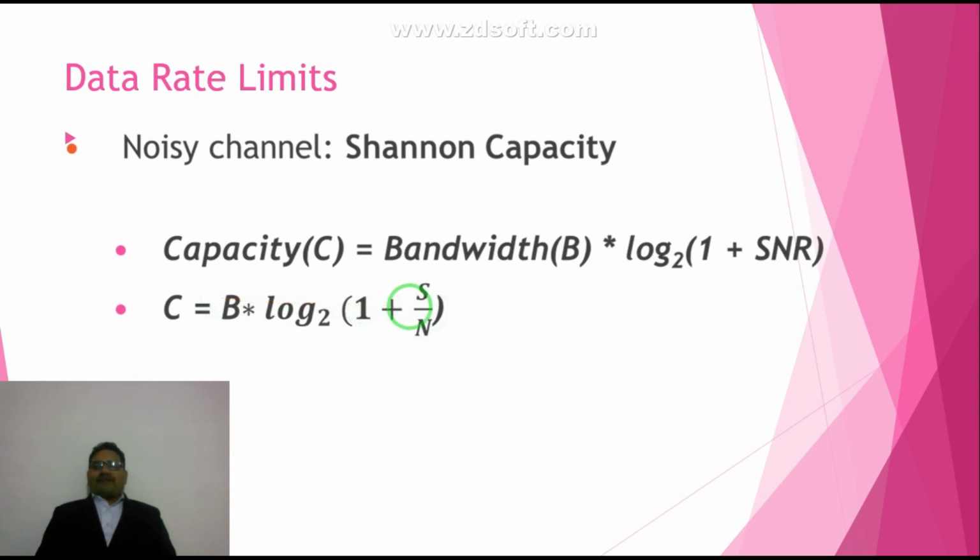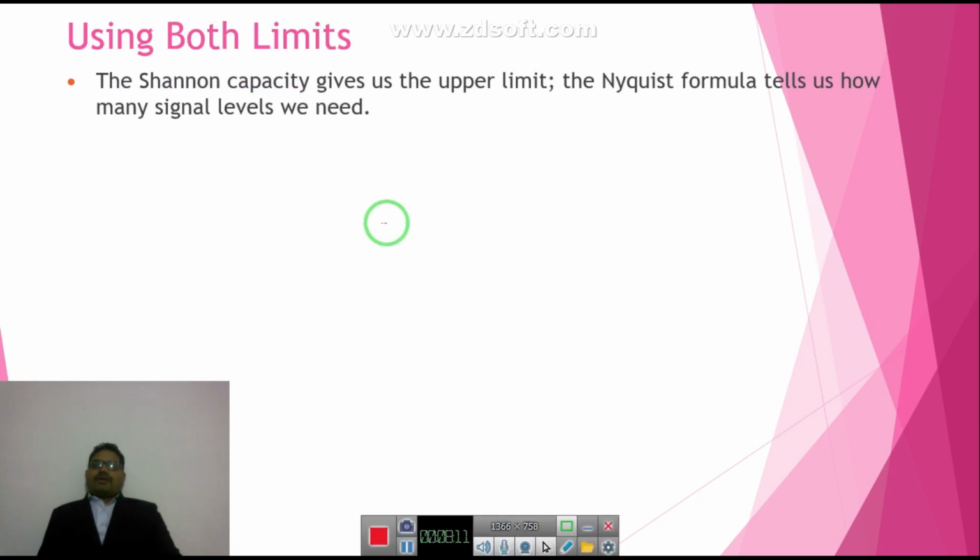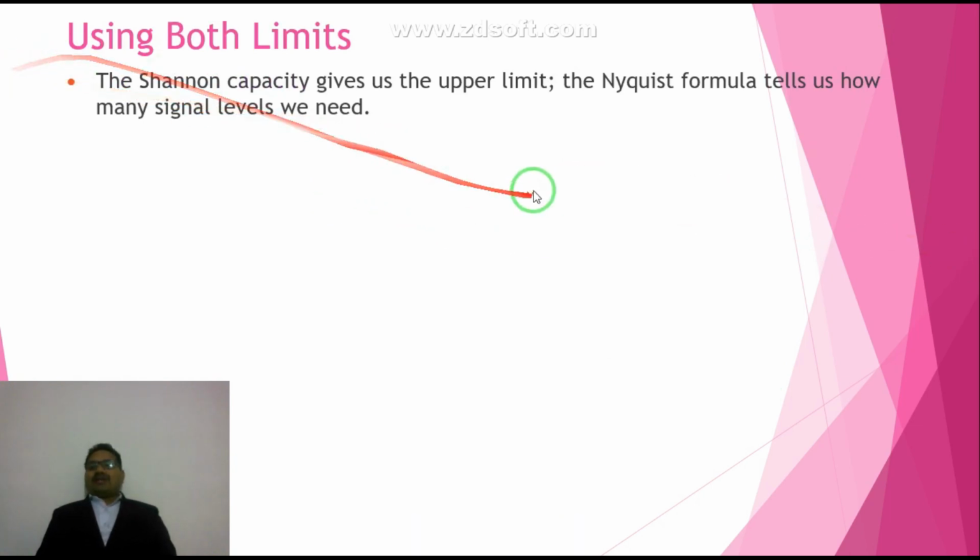It means whatever the number of levels, you cannot increase the data rate beyond the capacity of the channel. But we have to consider both limits. The Shannon capacity gives you the upper limit of the capacity, and the Nyquist formula tells you how many signal levels we need. So we require both, guys.